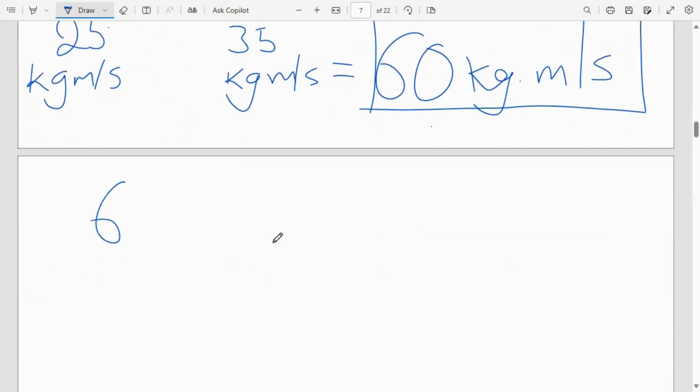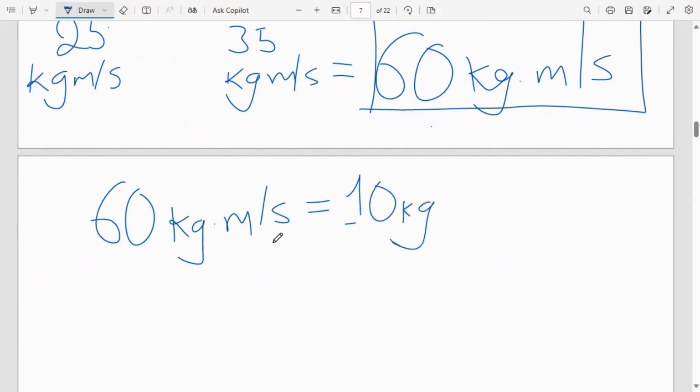We say 60 kg·m/s will be equal to 10 kg·m/s plus what we don't know, which is the final momentum of object B.